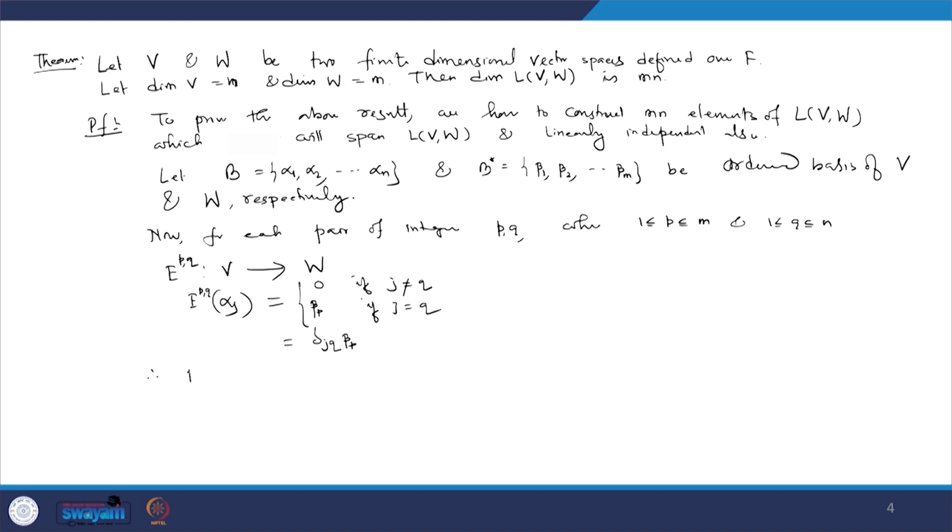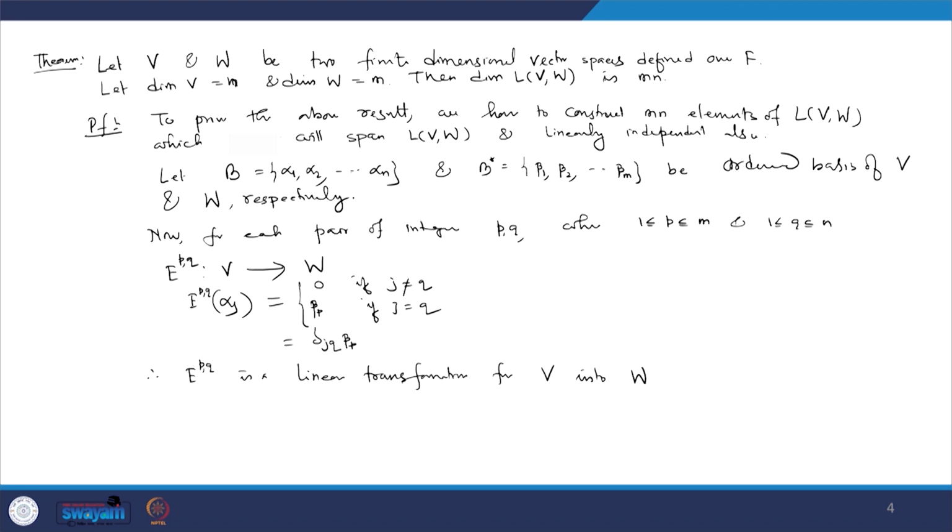So, E_PQ is a linear transformation from V into W. How can I say that E_PQ is a linear transformation from V into W?